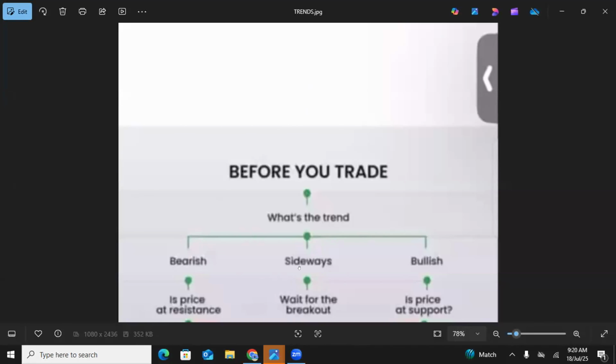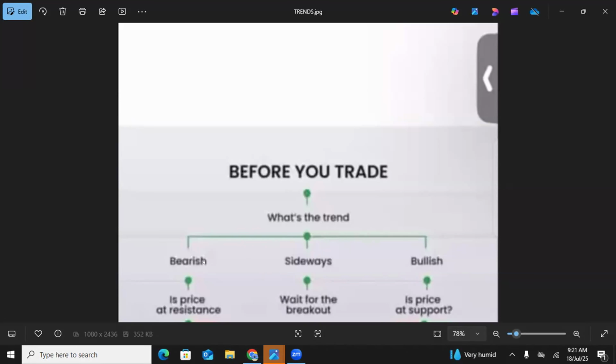And then the sideways trend, where you wait, because the market is going up and down and doesn't know whether to go up or down. So that is where you wait. You wait for a breakout.